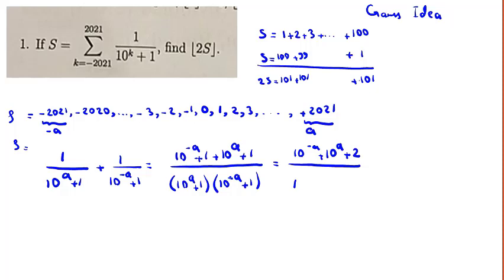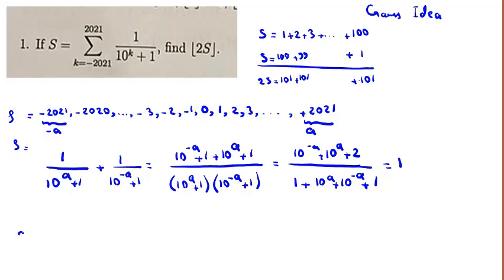And here 10 to the power of a times 10 to the power of negative a will be 1, plus 10 to the power of a plus 10 to the power of negative a plus 1. And we see numerator and denominator are equal, so it will be 1. So if we write it like this, also for 0 you can do the same thing.